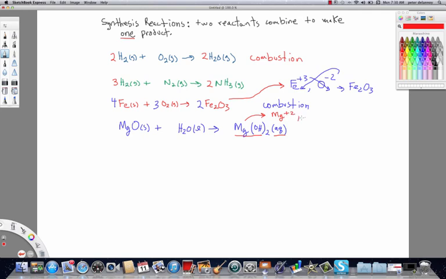So that means there's magnesium ion and there is hydroxide ion, and this would represent the actual form.